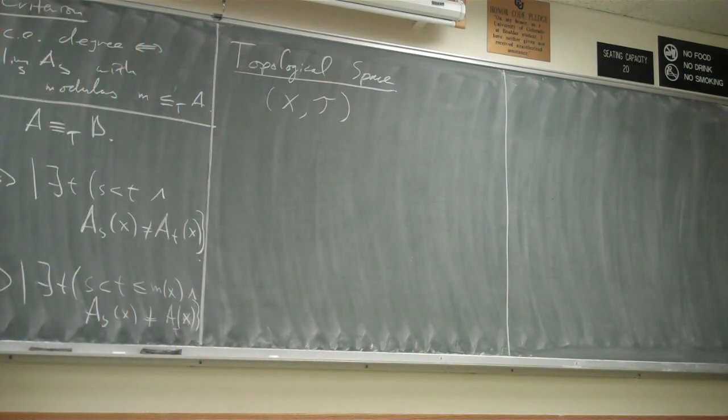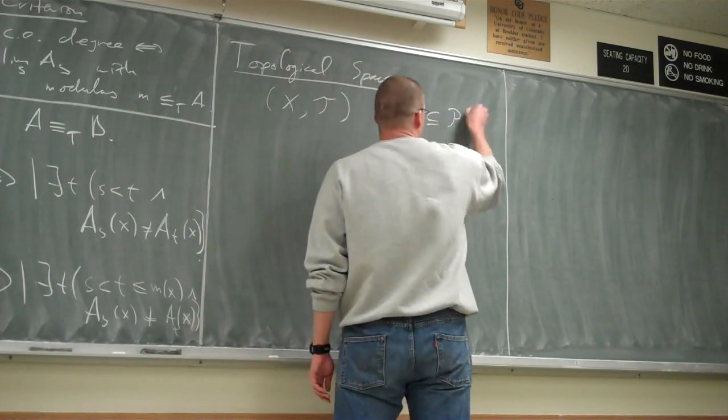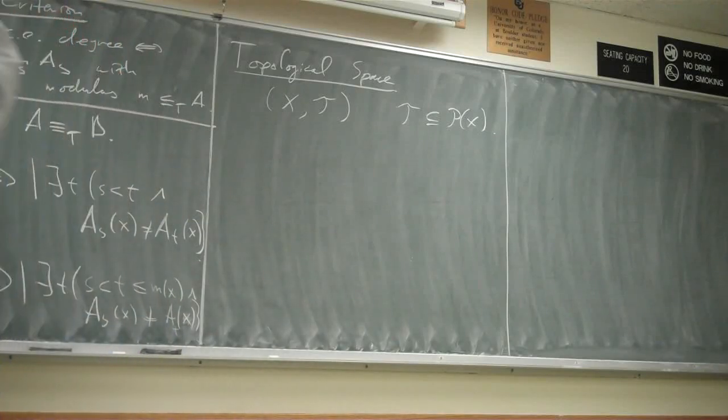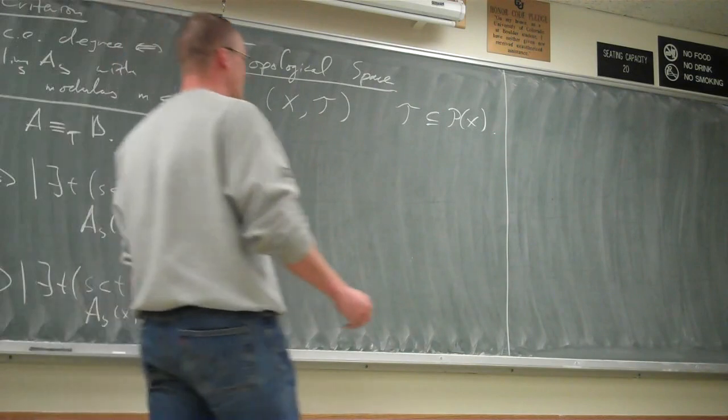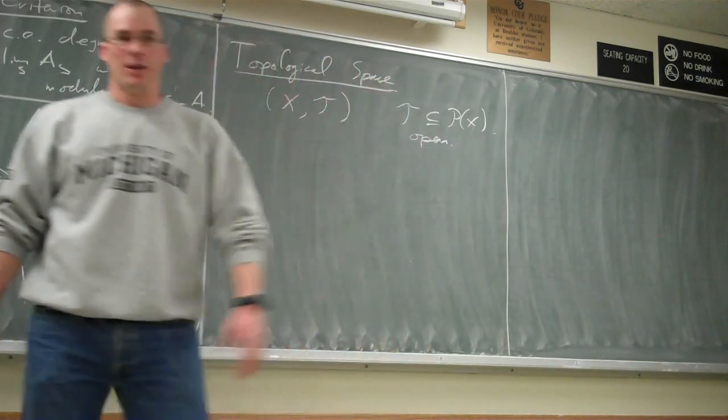You have the set X, which is the space on which your topology lives, and you have a T, which is a collection of subsets of X, and it's a collection of subsets of X that you particularly like. We call these things the open sets.